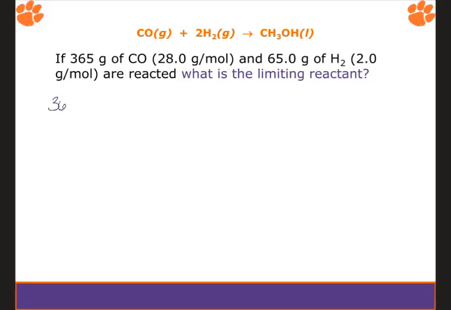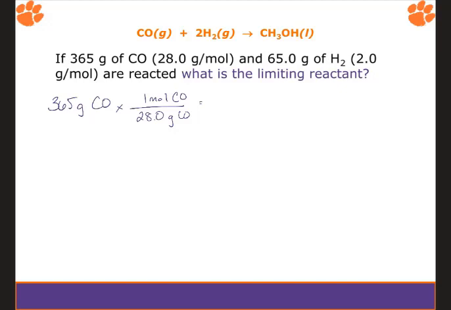So we have 365 grams of carbon monoxide, and we're going to divide that by the molar mass. So we put the grams of CO on the bottom and the 1 mole of CO on the top. Then we're going to stop here and solve. All right, so that's going to give us around 13 moles of carbon monoxide.